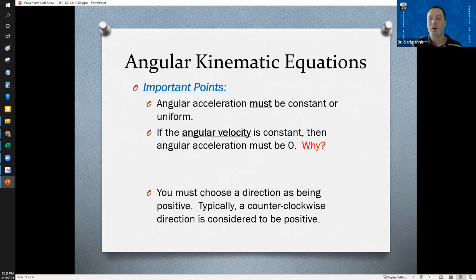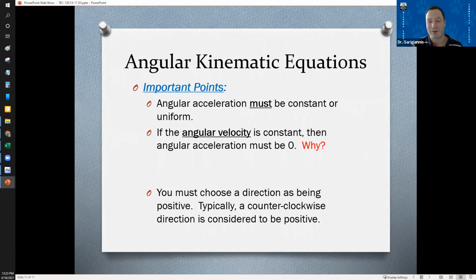In order to use these equations, you must have constant or uniform angular acceleration. So you might hear something is uniformly accelerated, right? Or a rotating object is brought to rest uniformly.